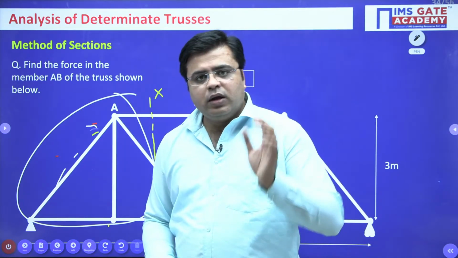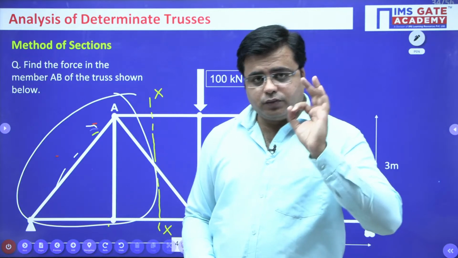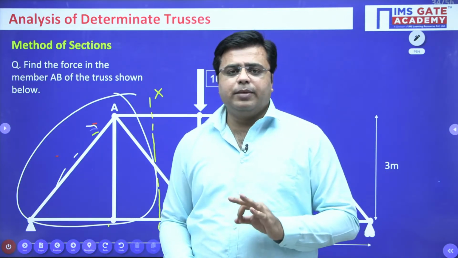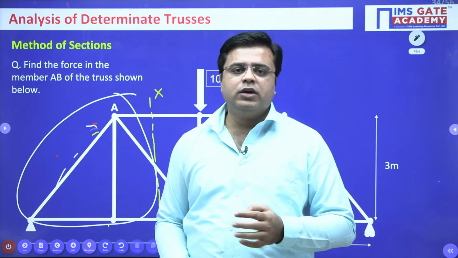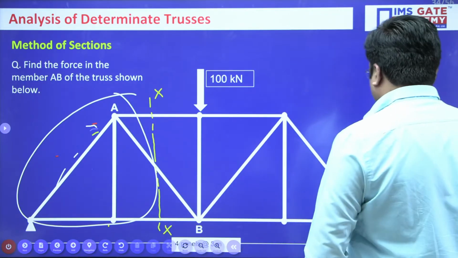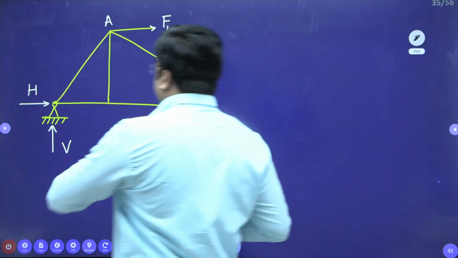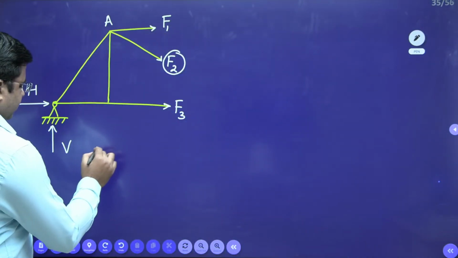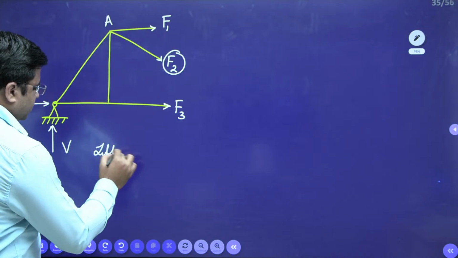And why are we saying this? Because for a plane frame, we have three equilibrium equations, that is summation Fx equals 0, summation Fy equals 0, and summation of moment equals 0, right? So moving on with this. We have taken the left side of the structure like this.